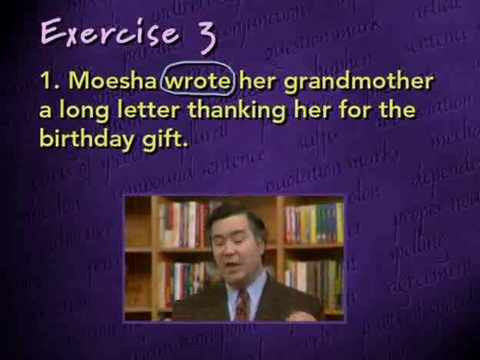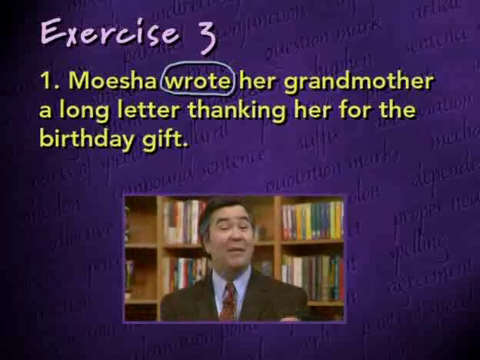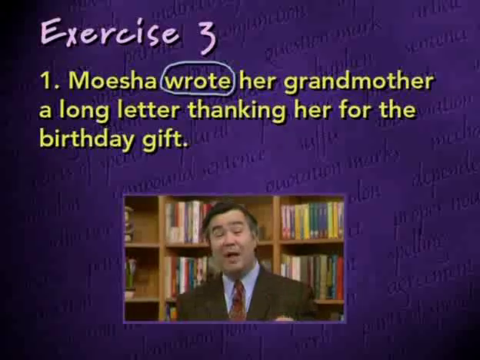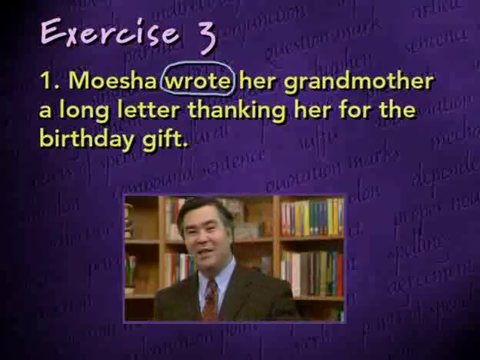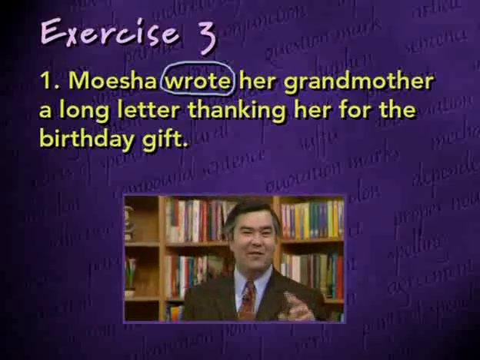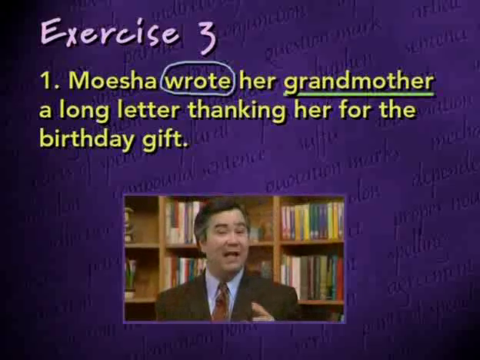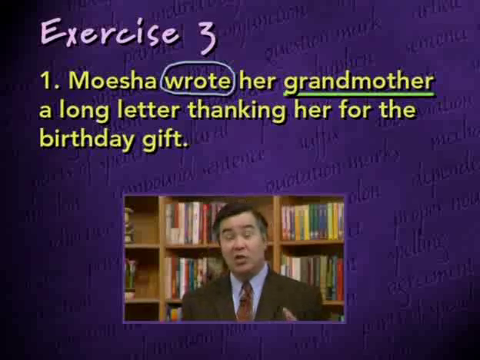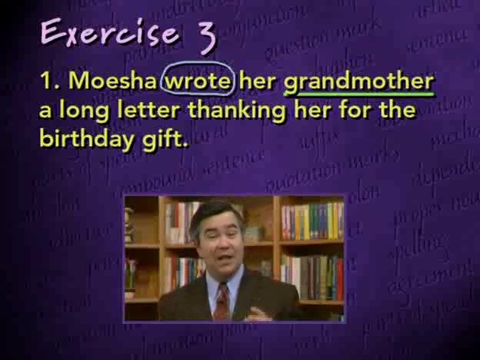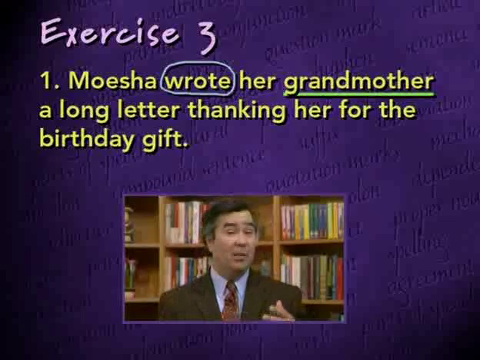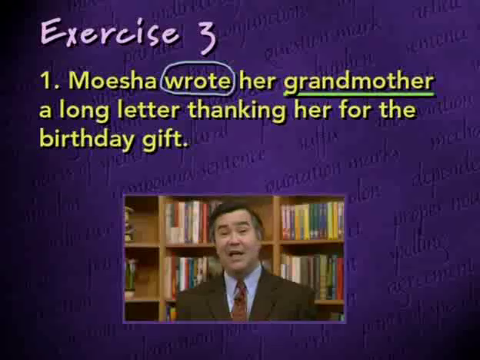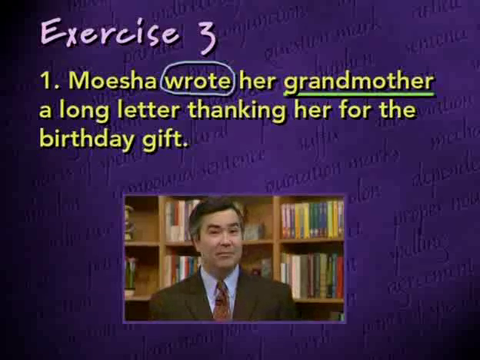Well, the letter was written to Moesha's grandmother, and that noun grandmother appears in the sentence between the verb and the direct object. Therefore, it's in the right place for an indirect object, and that, in fact, is what it is. So the noun grandmother is the indirect object here. It answers the question, to whom Moesha wrote the letter. And that's the answer for this first question.